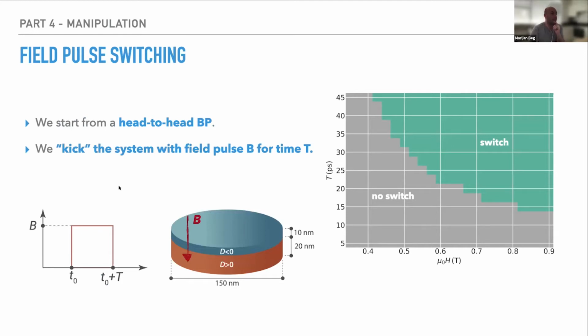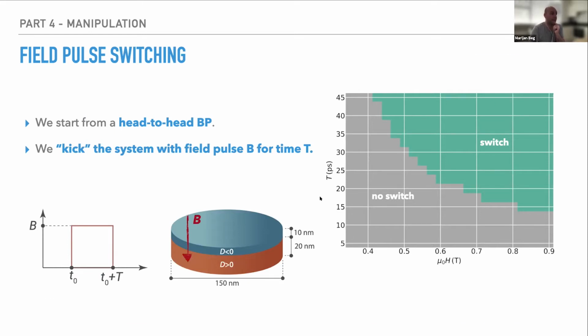First, if we look at the disk geometry I showed earlier, but now with a top layer thickness of 10 nanometers, and we apply a field pulse that looks something like this, we can find in this phase diagram the values of the external field as well as the pulse durations where we can achieve the switch and where we can't.